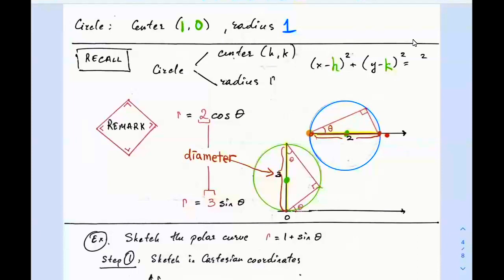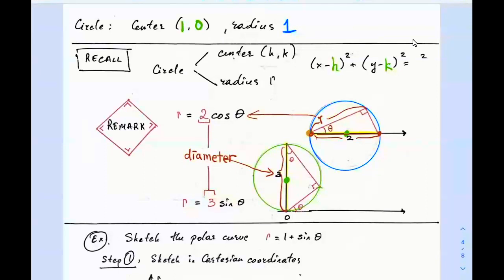This is 2 times cosine theta. What's 2 times cosine theta? Does it give you the distance from here to here? This r over here is going to be 2 times cosine theta, right?